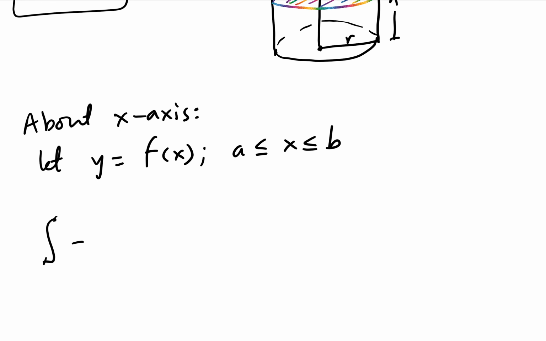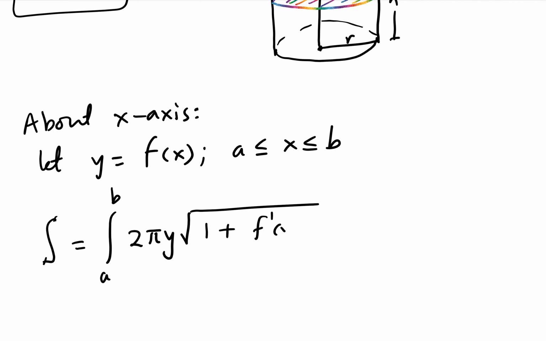The surface area, we're not going to go through the entire proof, is the integral from a to b, 2 pi times y, and we'll explain where that came from, the square root of 1 plus f prime of x squared dx.